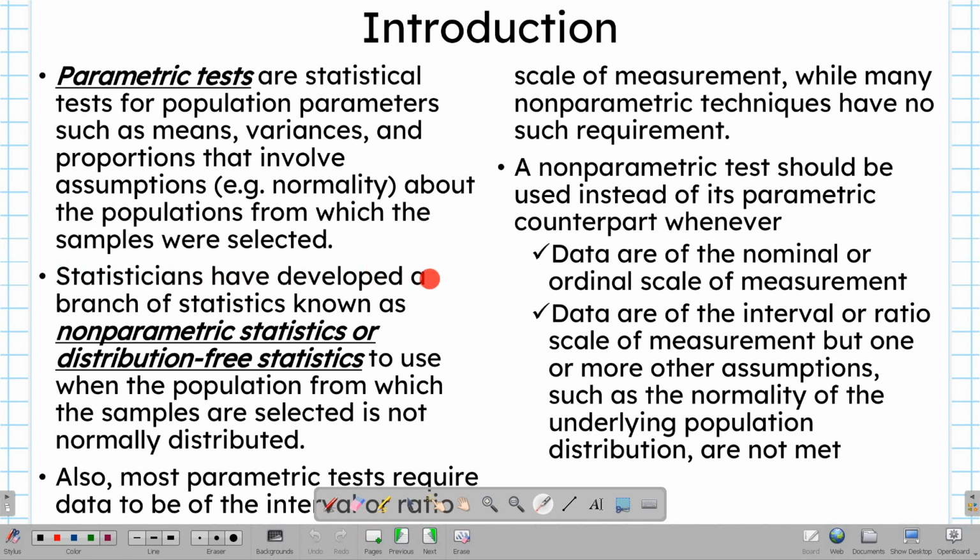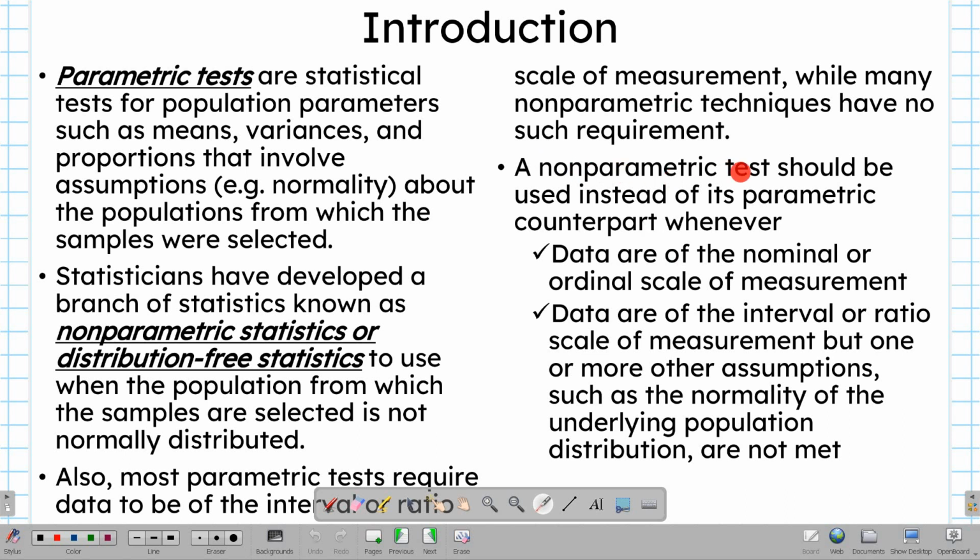However, statisticians have developed a branch of statistics known as non-parametric statistics, or distribution-free statistics, to use when the population from which the samples are selected is not normally distributed. Also, most parametric tests require data to be of interval and ratio measurement, but non-parametric statistics do not require that, which is helpful in some of the tests that we would need.